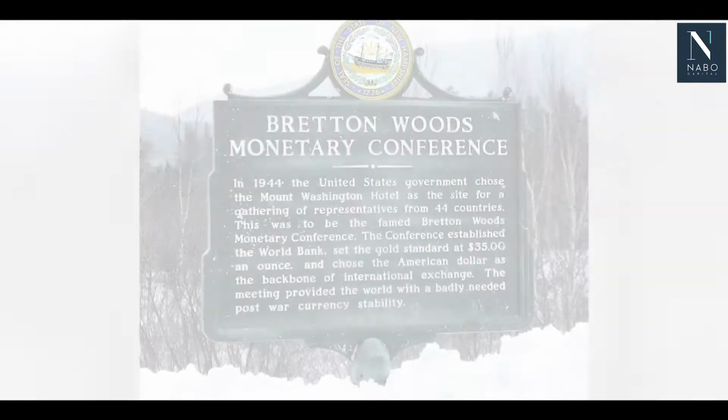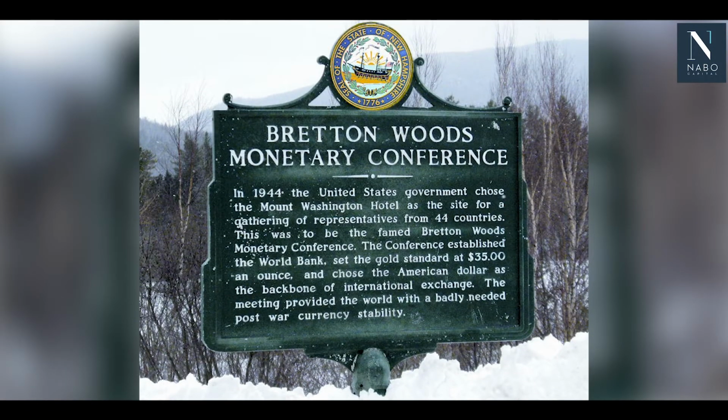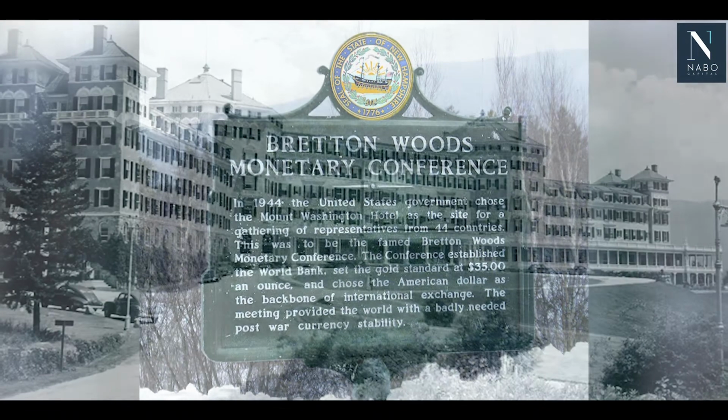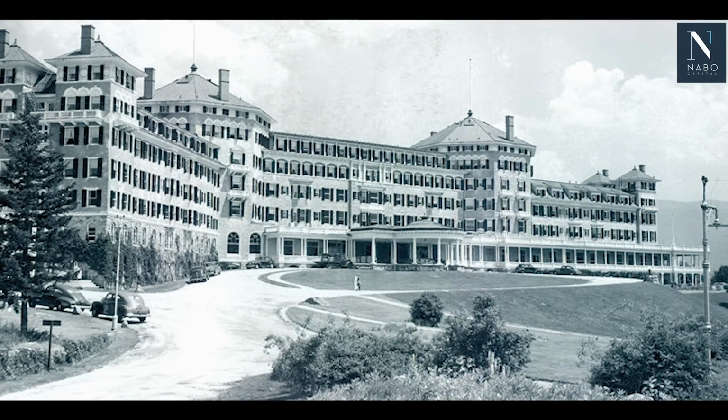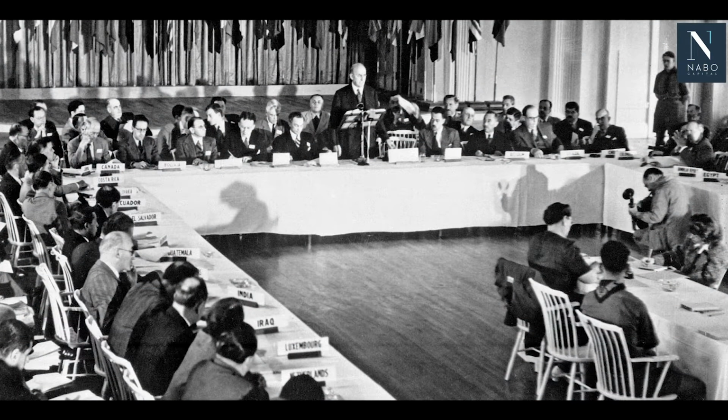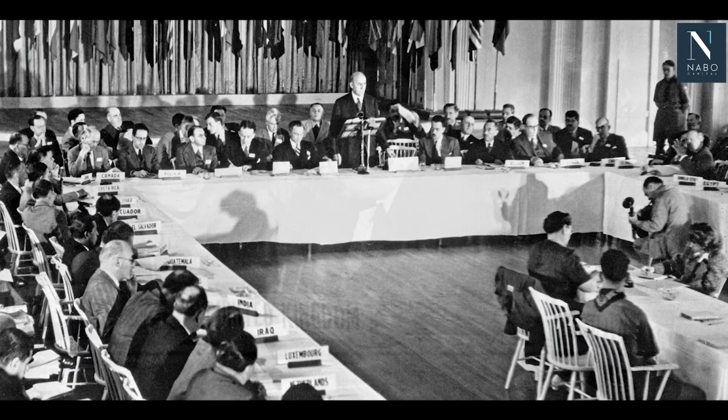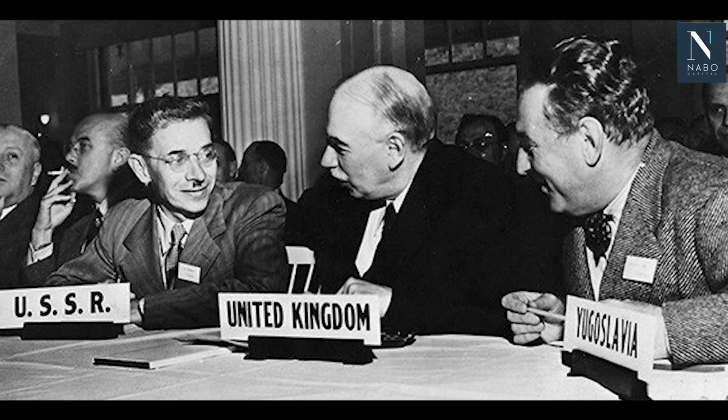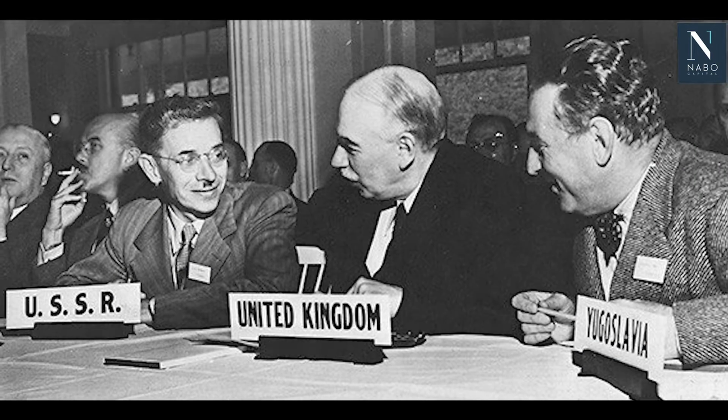and there came a conference, the Bretton Woods conference, that happened in New Hampshire in the United States, in which 44 countries agreed that the US dollar will be the main currency to which all other currencies in the world will be pegged, and the US currency will be directly tied to gold.